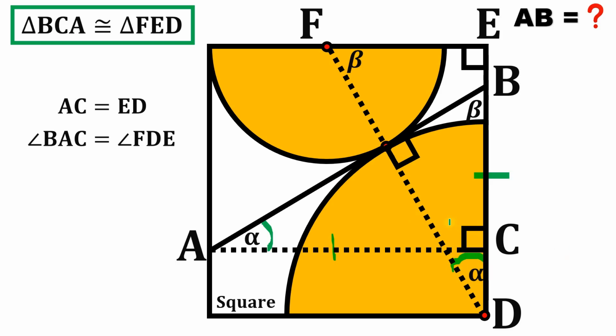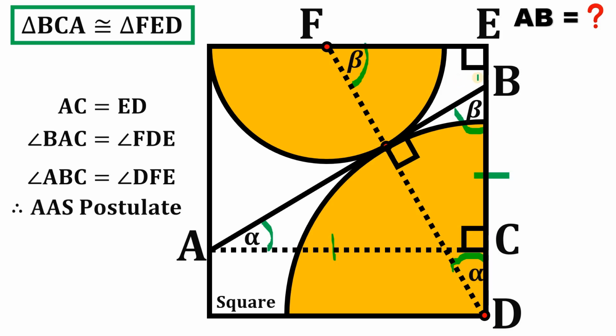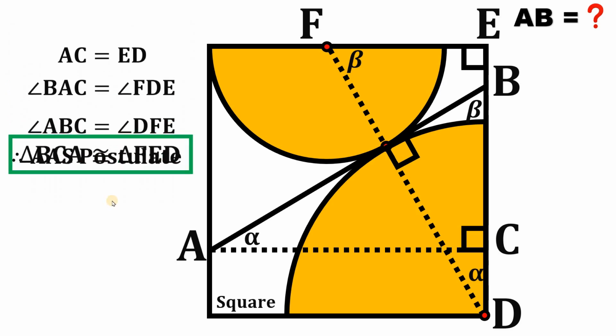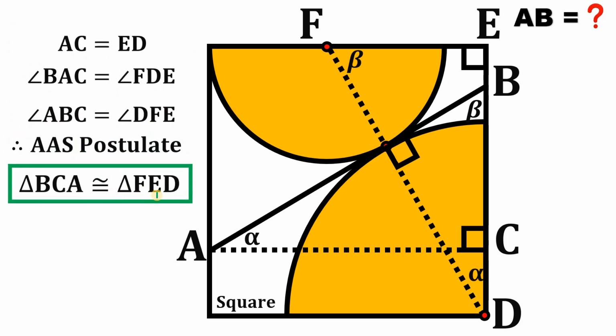They are both equal to alpha. Next, angle ABC simply equals angle DFE. They are both equal to beta. Therefore, by AAS postulate, we can say that triangle BCA is congruent to triangle FED.